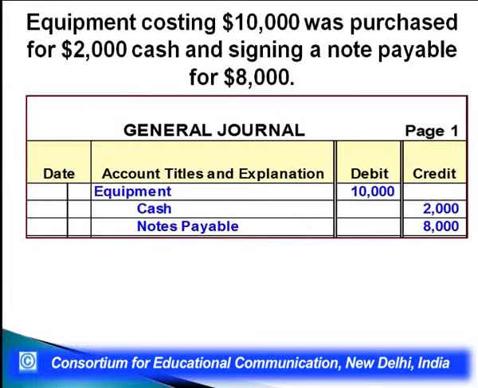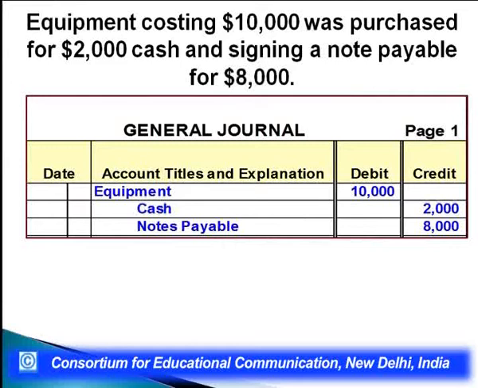But if we decide to put the two parts, 2,000 and 8,000, together in one journal entry, because they pertain to the same transaction, this transaction qualifies to be called a composite entry or compound entry. So the second option is we can credit cash as well as notes payable in this one single entry, and that would be known as a composite or compound entry.